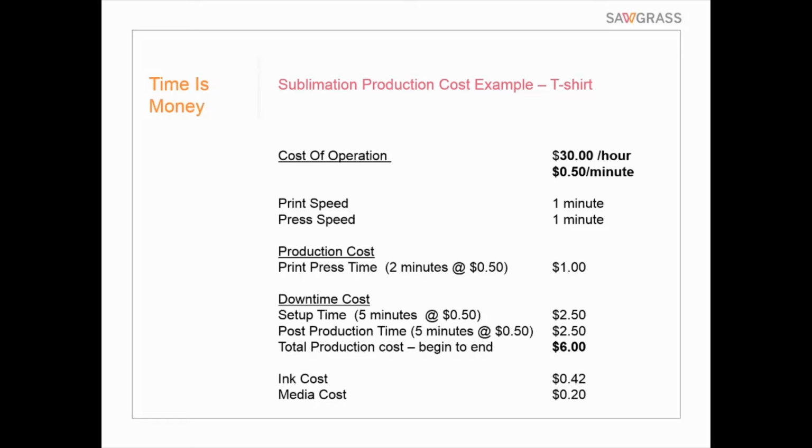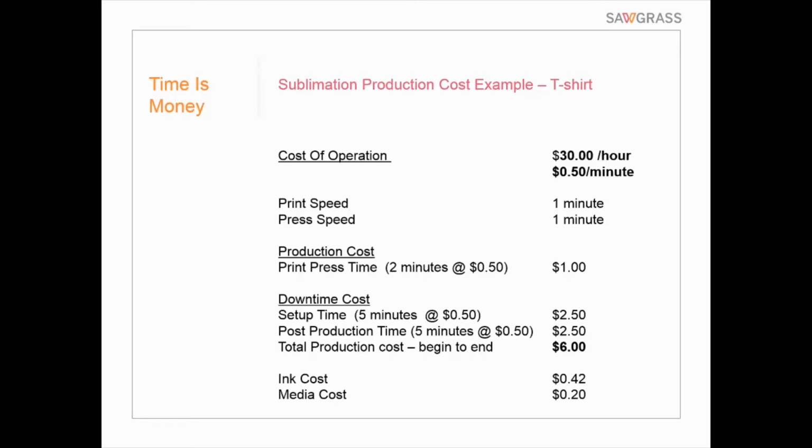And now we press the shirt. Once you take the shirt off, we've got to pull the transfer paper off. We actually have to let it cool. Don't start folding it up while it's hot, and definitely don't stack it with other shirts while it's hot. So it's got to cool down. Let's just say we just did one shirt. So we pull it off, we cool it down, maybe we have a little work order we have to make some notes on, and now we fold it and maybe put it into a box for the customer, and we're done.